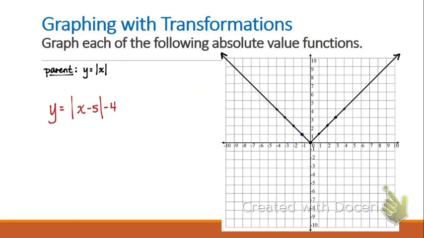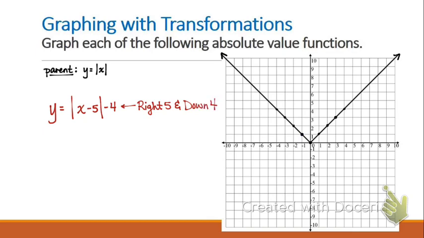All right, our next transformation is y equals the absolute value of x minus 5 minus 4. And in this transformation, my h value is a positive 5, so this is going to send me to the right 5. And my k value is a negative 4, so this is going to send everything down 4.